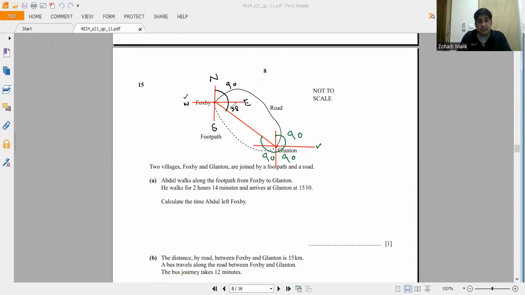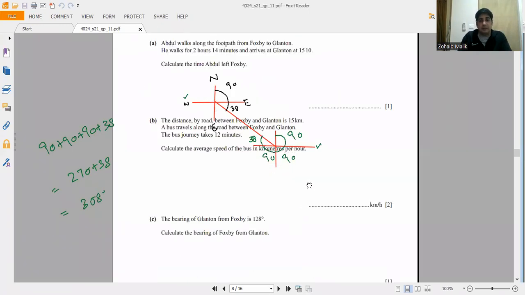So this is 38 degrees, and this would also be 38 degrees. So the total bearing is 90 plus 90 plus 90 plus 38, which would be definitely 270 plus 38. And 270 plus 38 is 308 degrees. So the answer is 308.